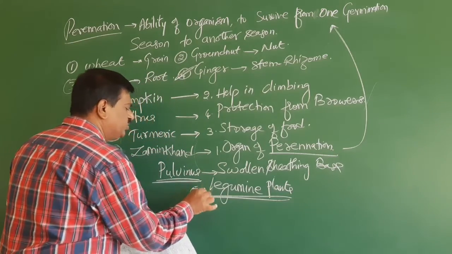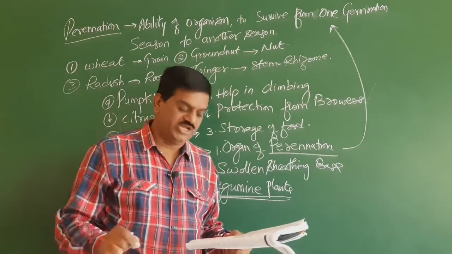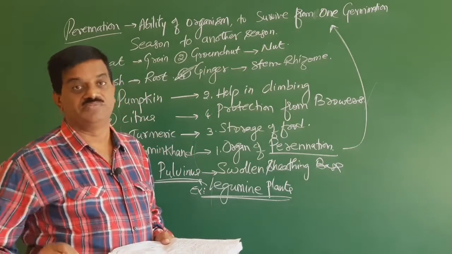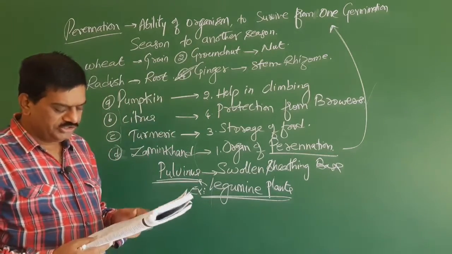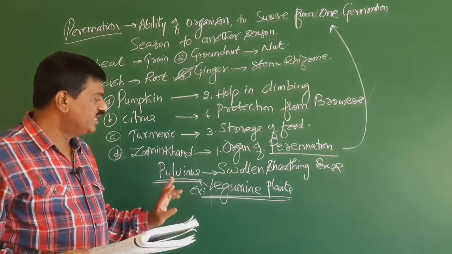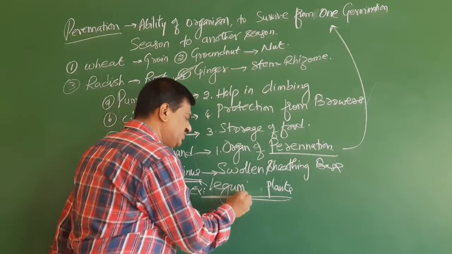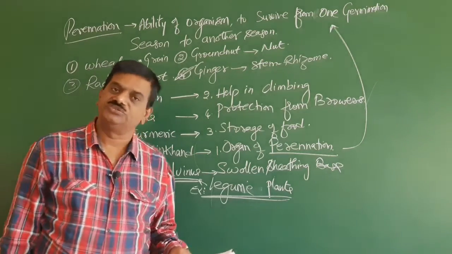The fourth option is Halstonia, commonly called as devil tree, that's not the answer. So 42, the third option, legume plants, is the right option.